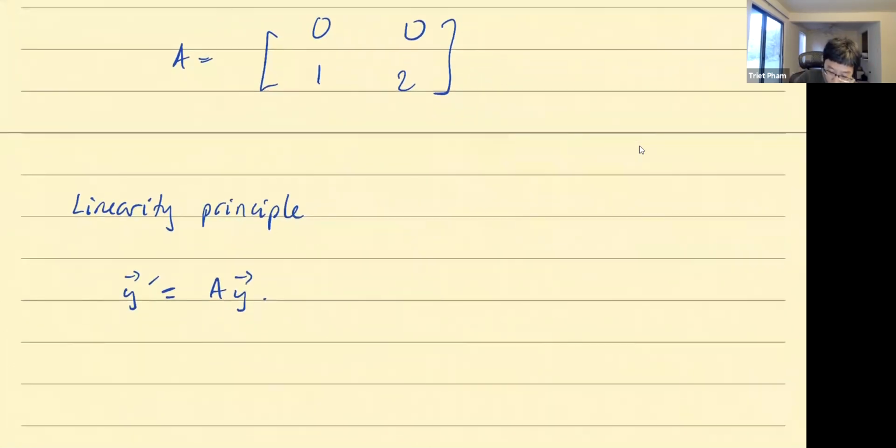If you look at a system y prime equals Ay, homogeneous, dimension unlimited, meaning I don't have to do a restriction.